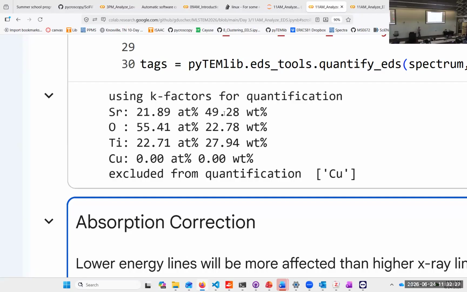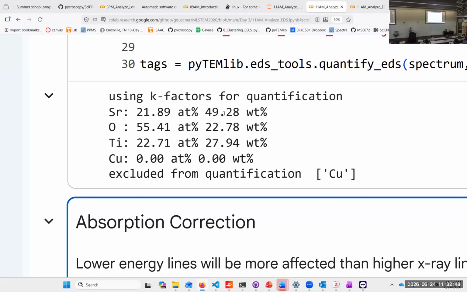When I fit the spectrum, what I do is I calculate the spectrum with the full Bremsstrahlung, and then I convolute that with the detector system.